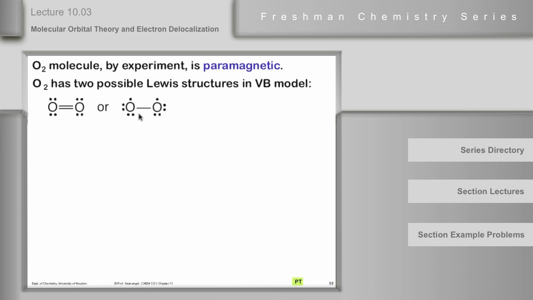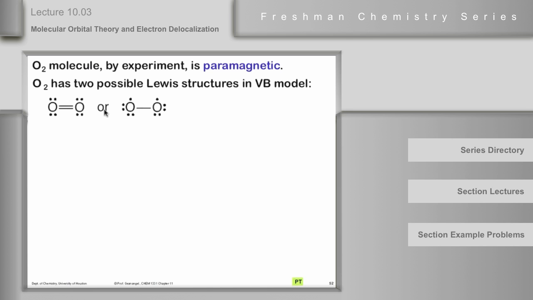But if you do it, you come up with the wrong bond energy. If you make it a double bond and you get the right bond energy, then you guessed it, it's not paramagnetic anymore. And if you did resonance forms for these two, that would not be a normal way to do resonance forms because this has a different number of unpaired electrons. And normally you wouldn't do that.